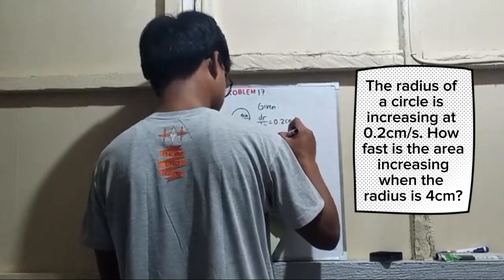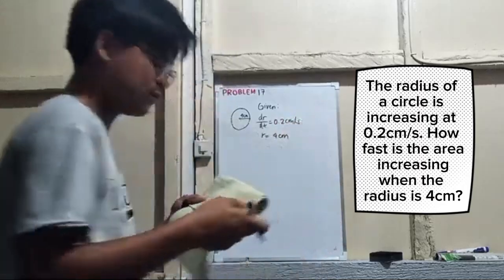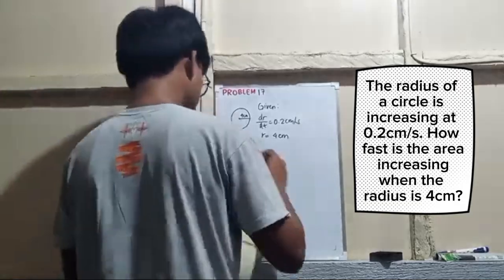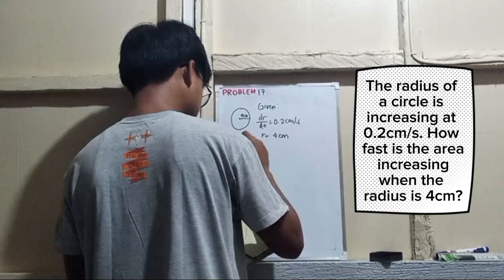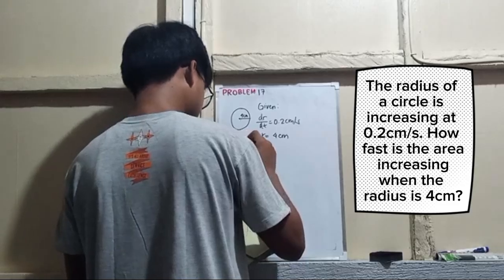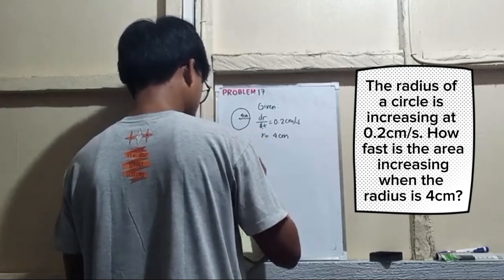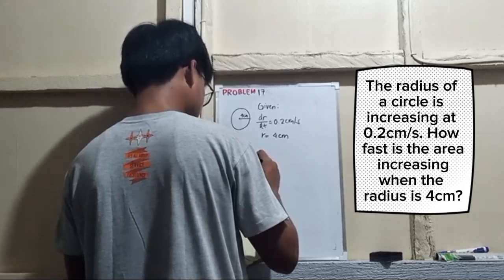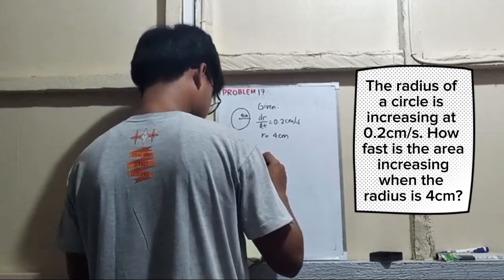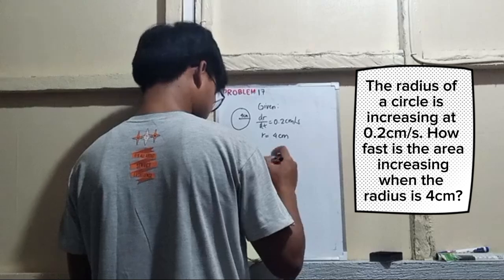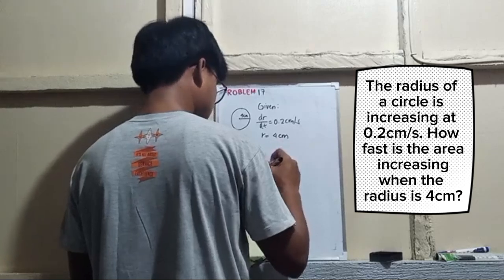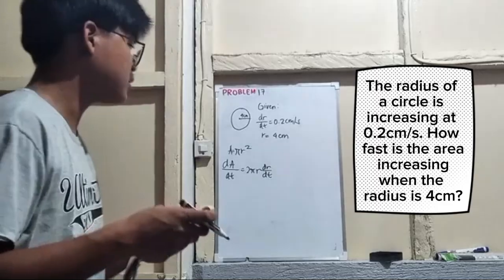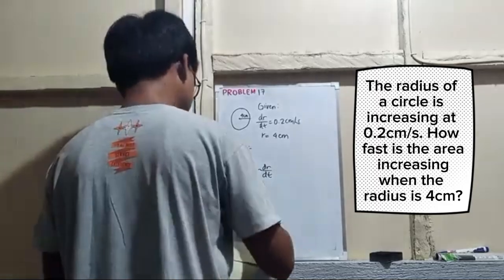Now, in getting the area of a circle, the formula is pi r squared. Then now differentiate the formula, we'll get dA over dt equals 2 pi r dr over dt. Then we'll substitute the given to the formula.